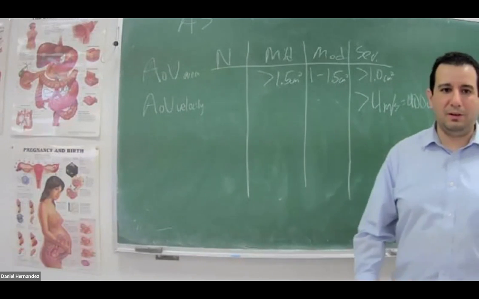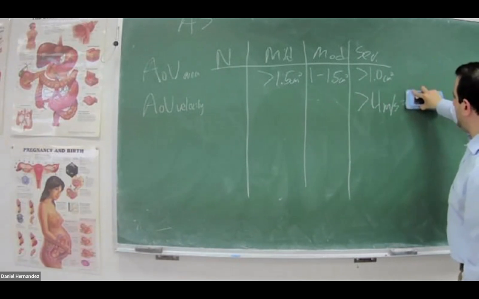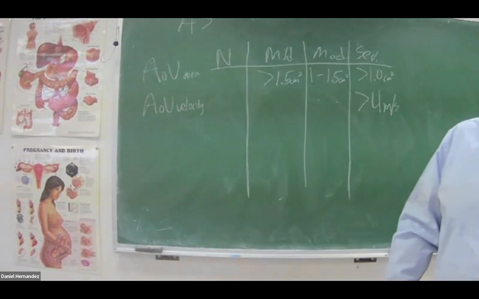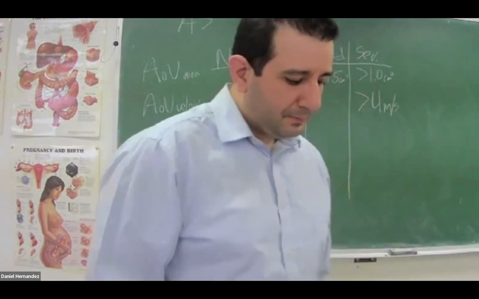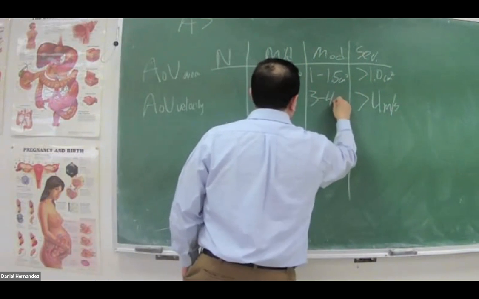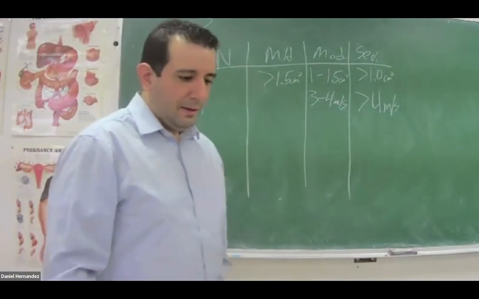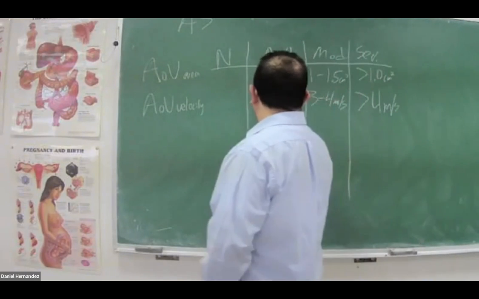So don't be thrown off if they change the units of measure on you. Just be able to convert meters per second into centimeters per second. Moderate is 3 to 4 meters per second for velocities through the aortic valve. And mild is 2.6 to 2.9.